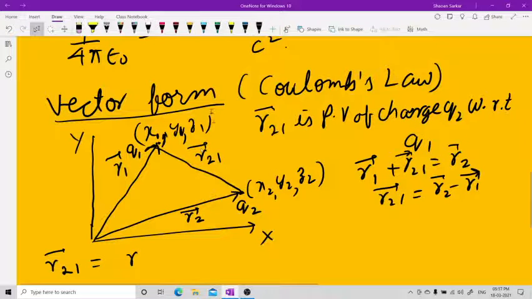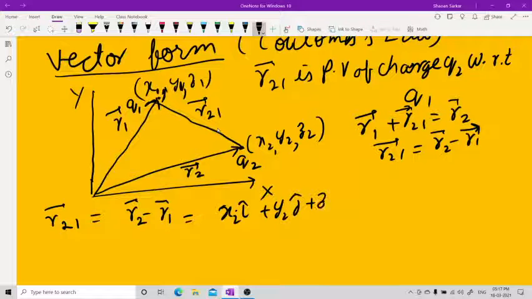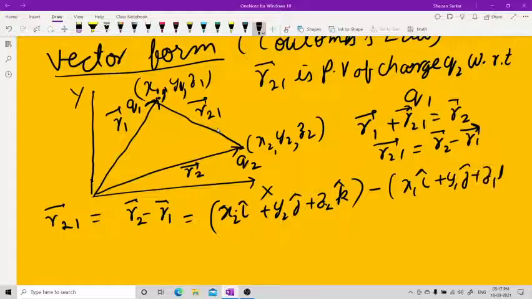The idea remains the same. The r2 vector minus r1 vector is x2 i cap plus y2 j cap plus z2 k cap, minus x1 i cap plus y1 j cap plus z1 k cap.